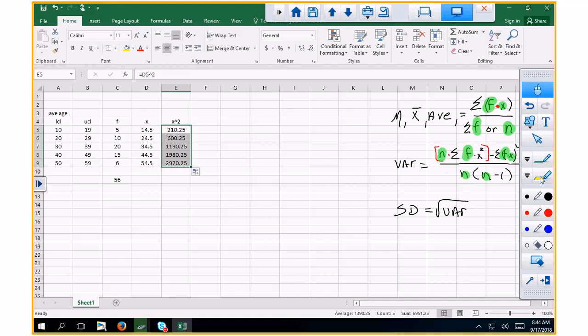And now I've got, take my handy dandy highlighter, and I have X squared. So now I've got all I need. So I'm going to make, and you can skip a space if you want to. I'm going to need F times X, F times X, and I'm going to need F times what? There you go. So do those right quick if you haven't yet.